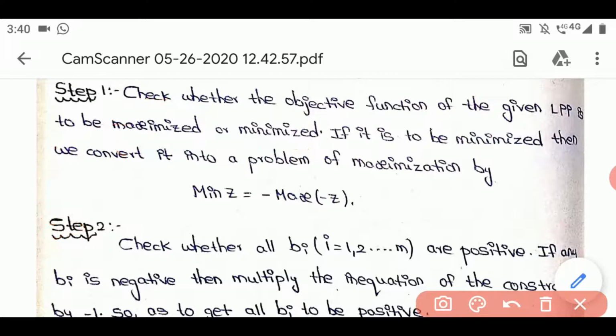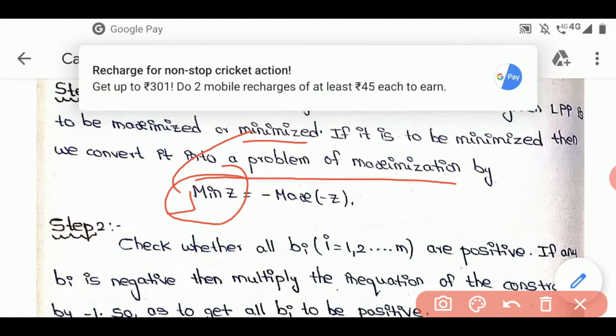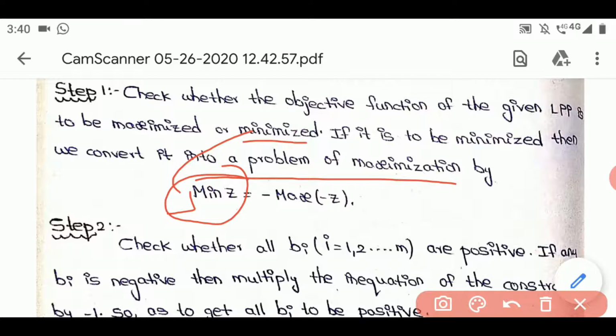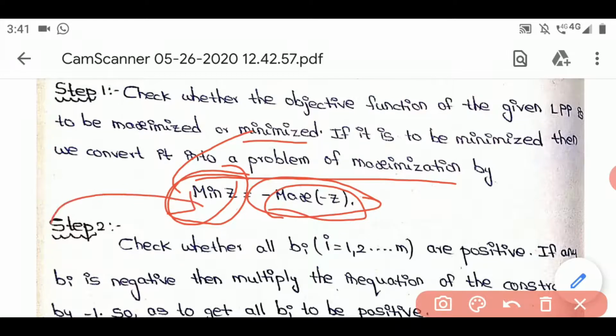If not, if the sum is minimized, then we have to convert the problem into maximization, where we multiply the objective function by minus, so that the minimum function is converted into a maximum function. Then we can go to step 2.